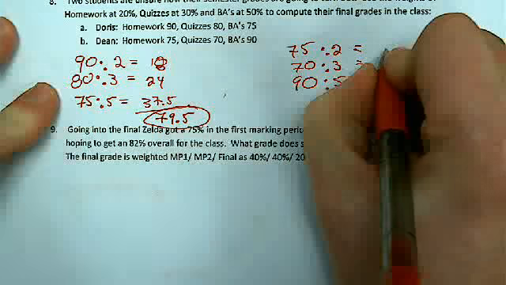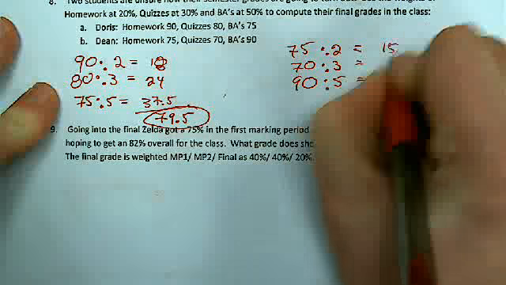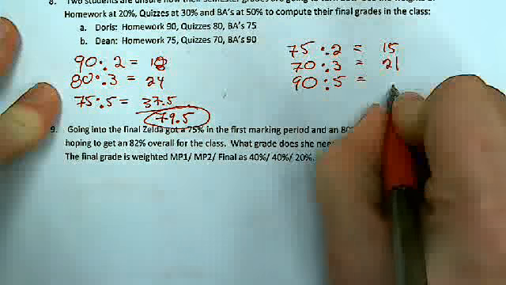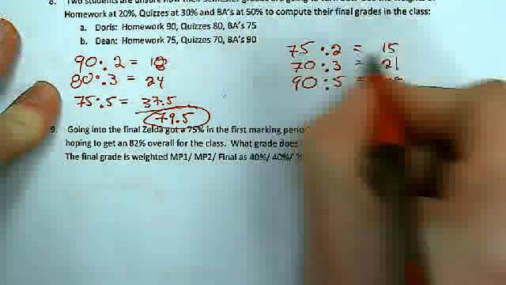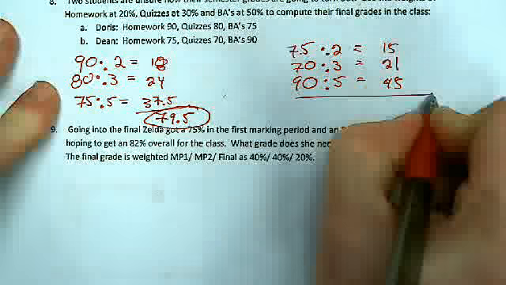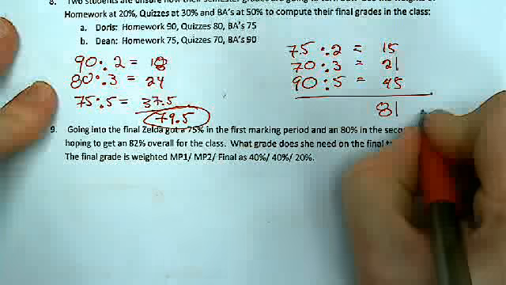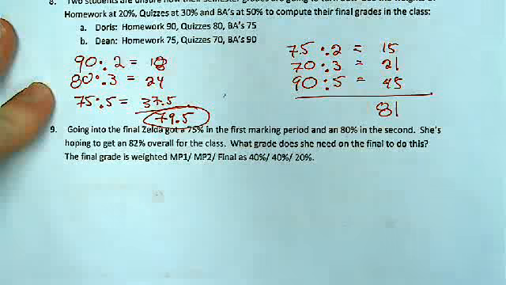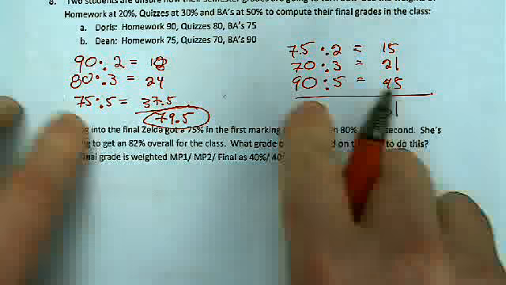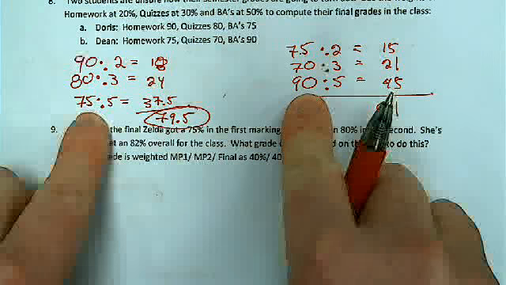So how does that affect his grades? Well, let's see, 15, 21, 45, and that's just multiplying across. 81. And so he also has a B-. And this shows just how much of an impact those grades can be.